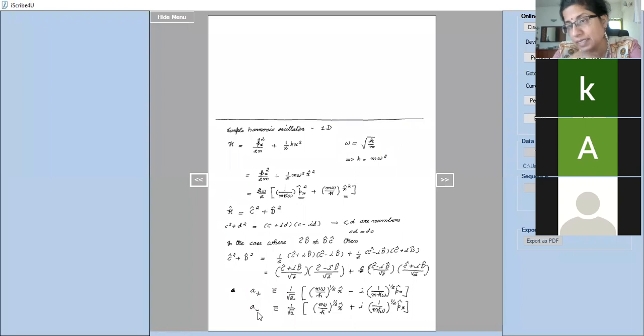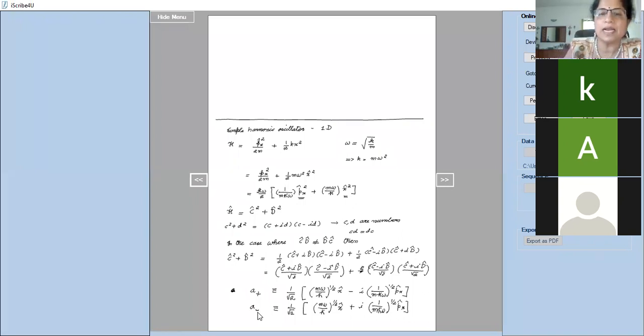I was telling you yesterday that these operators actually have the ability to change the energy levels of the system. Now remember, what do you do in quantum mechanics? You try to find the wave function. How do you find the wave function? By solving the Schrodinger equation.